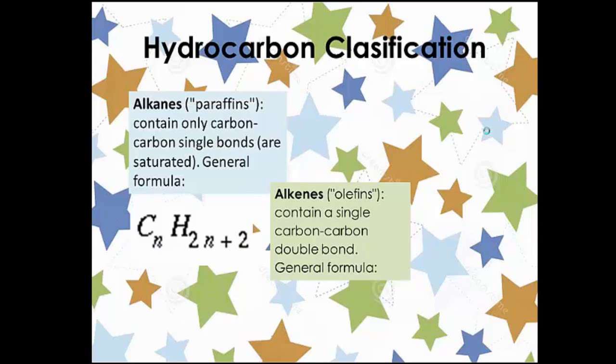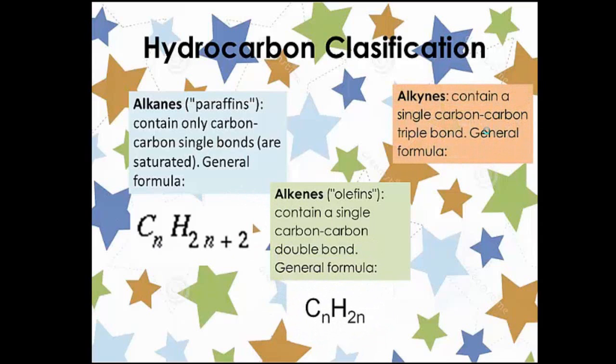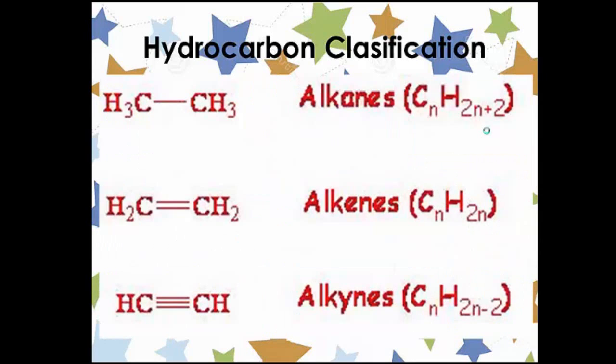They contain a single carbon-carbon double bond. The general formula is this. Alkynes contain a single carbon-carbon triple bond. The general formula is this. This is a table that contains the other examples and the general formulas.